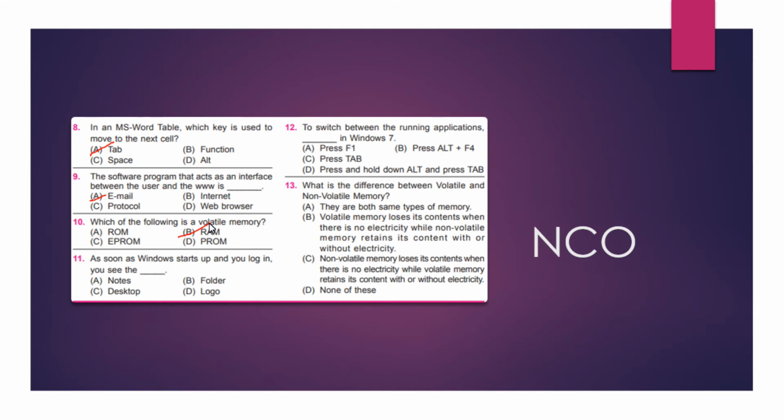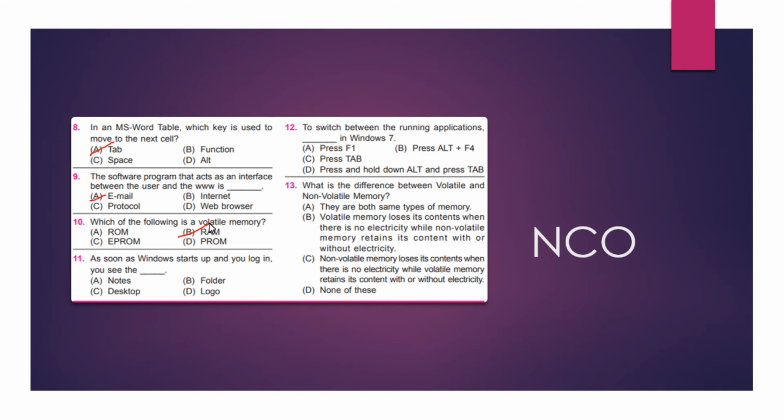For example, you are typing in MS Word and you have not saved it. If on a PC, not a laptop, you just remove the plug, what happens? The computer turns off, or the power supply is cut in the middle. So all the data is erased. Such data is stored in RAM. RAM is random access memory. All the data will get erased. Therefore, RAM is the answer.